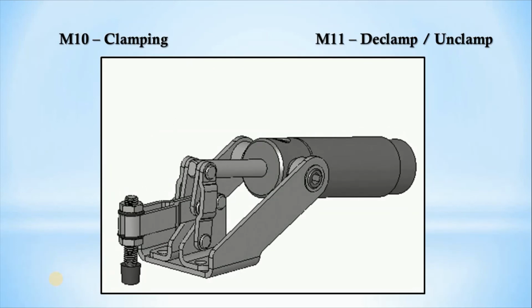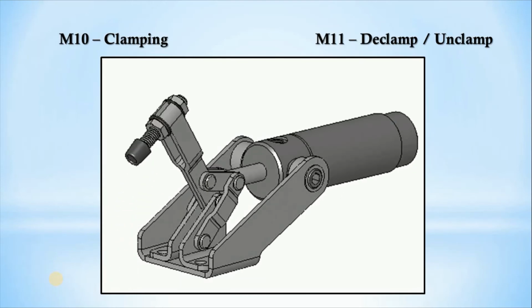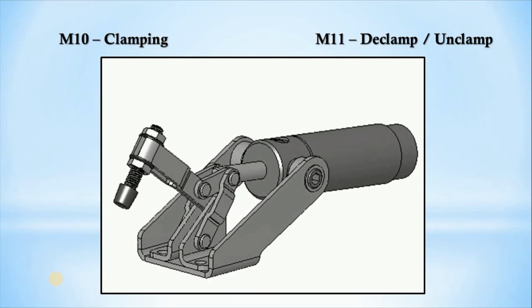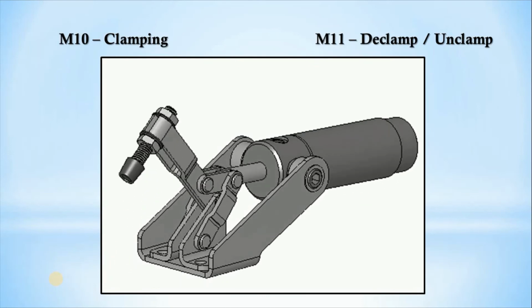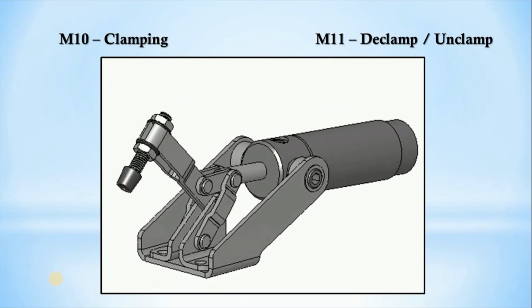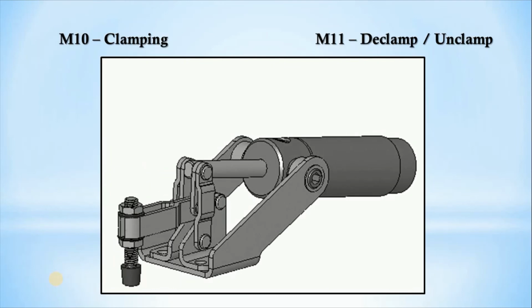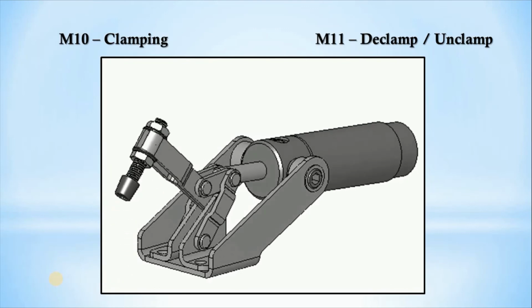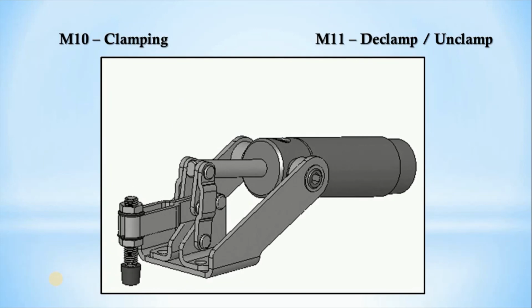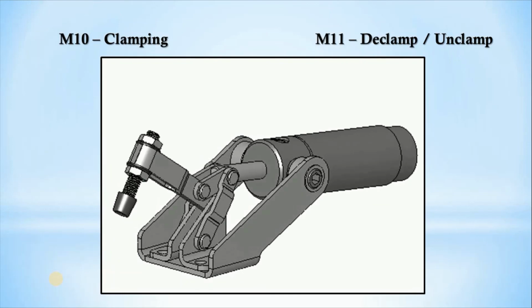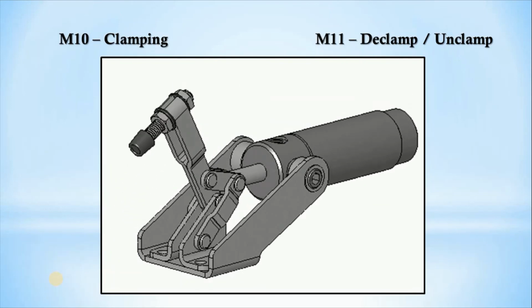Whenever we are doing the operations, we have to hold the workpiece with a large force by using the chuck. So there, clamping M10 is used, so that the force generated due to high pressure, high spindle speed and feed rate by the cutting tool will not hamper the position of the workpiece. And once the operation is complete and we want to remove the workpiece, we can use the declamp M11 code for the declamp or unclamp.